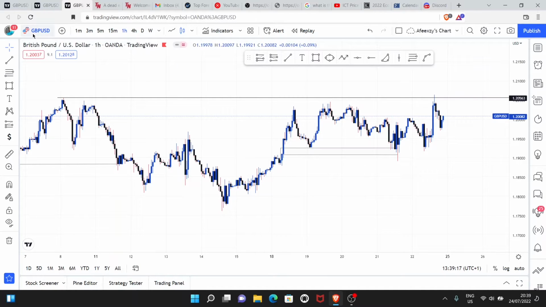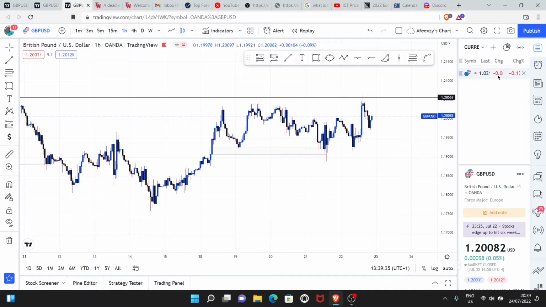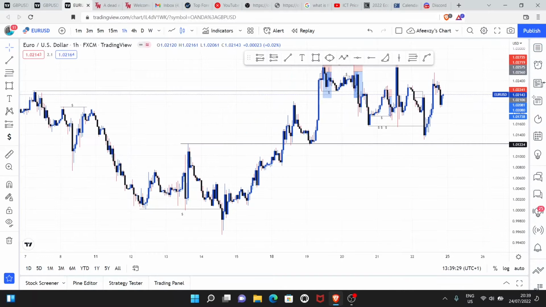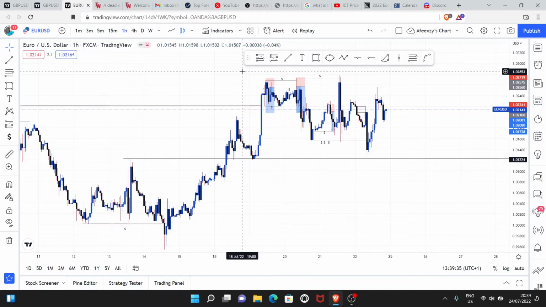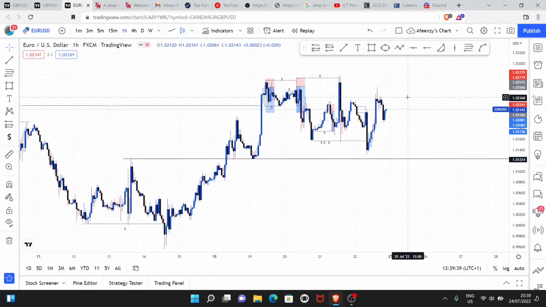Nice. Go to the next pair. Now we are on EURUSD. This was the pair I traded a lot on. Yeah, this pair was so nice last week.